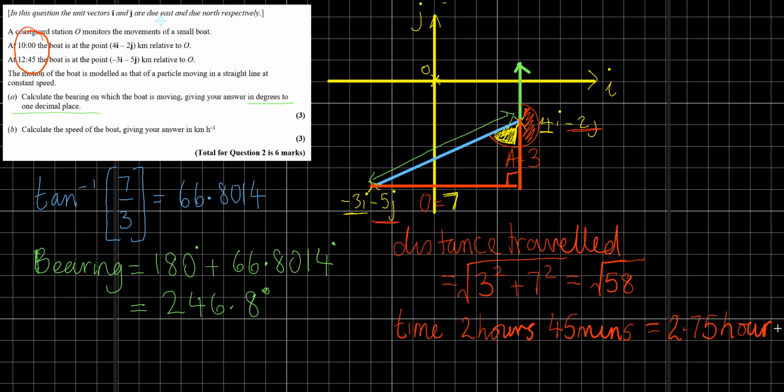We need to make sure the time is in hours. So that means our speed, speed is distance over time. So we would have square root of 58 divided by 2.75.